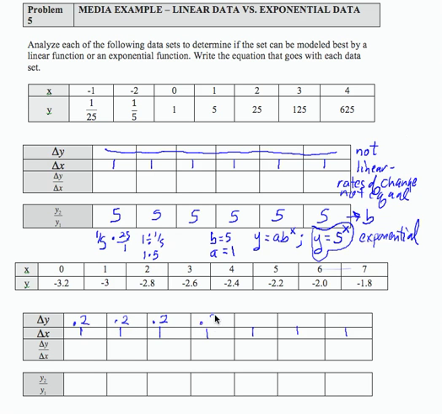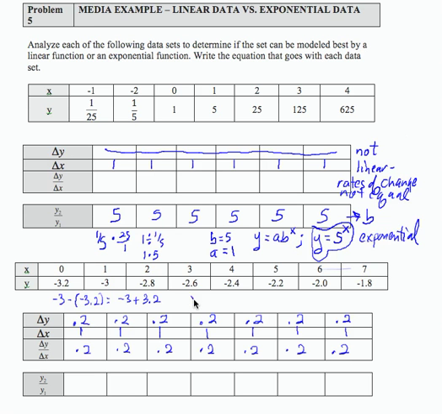So I'm going to write that in my table, and just so you can see one of the computations, the first one, -3 minus -3.2 is -3 plus 3.2, which gives me my 0.2. The ratio of all of these is 0.2. So therefore, I have a linear model that will work the best for these data.